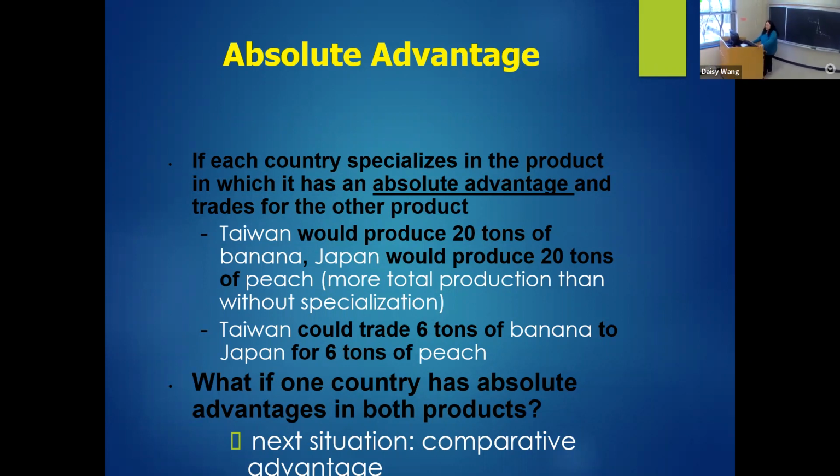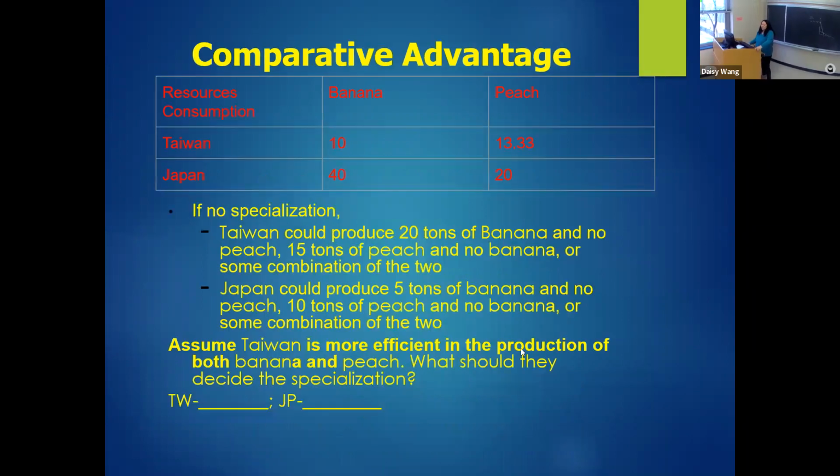So this shows us that it's actually beneficial for countries to trade, right? If they focus on what they are good at. But what if some country is just not good at doing anything compared to another country? So they don't have absolute advantage. If that's the case, then we have something we call comparative advantage.